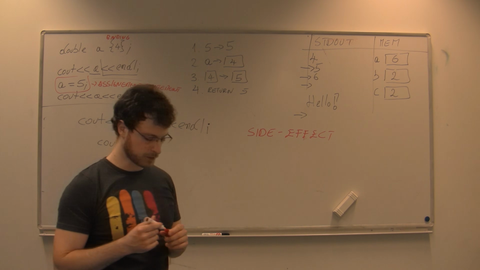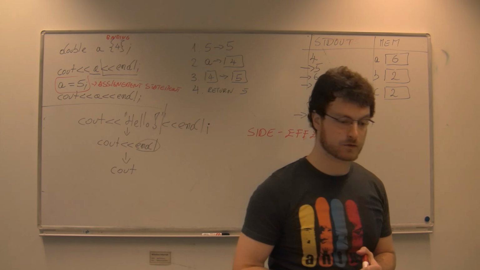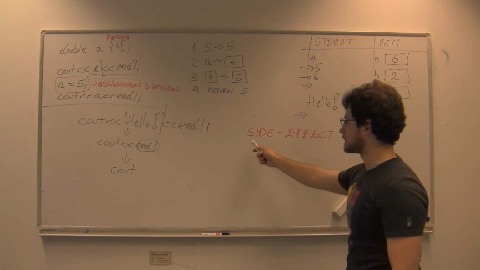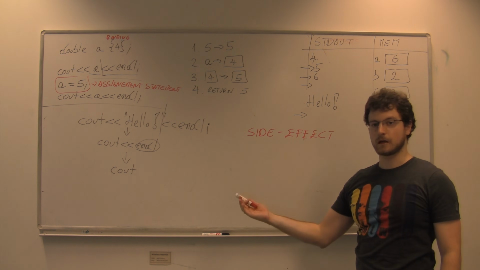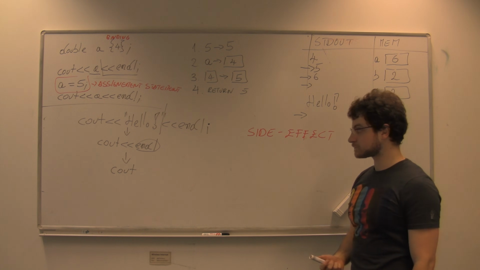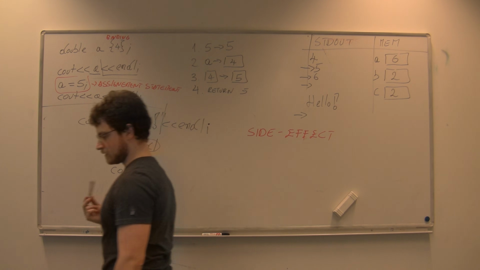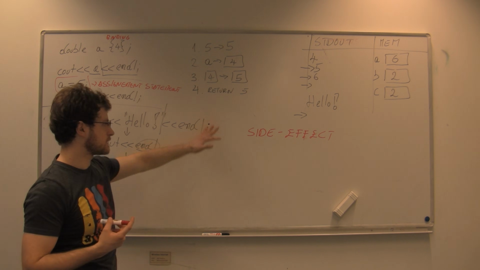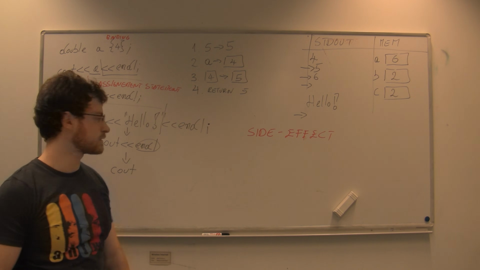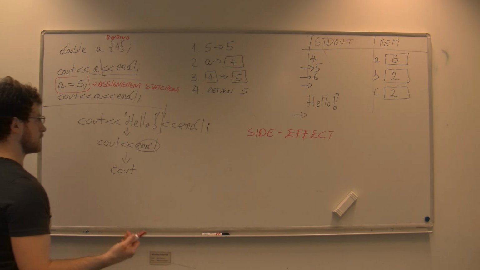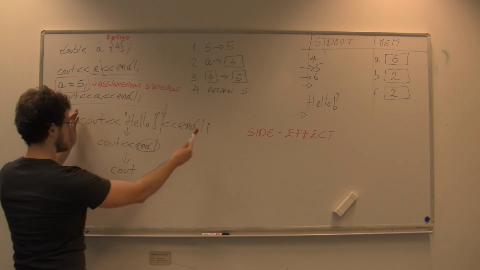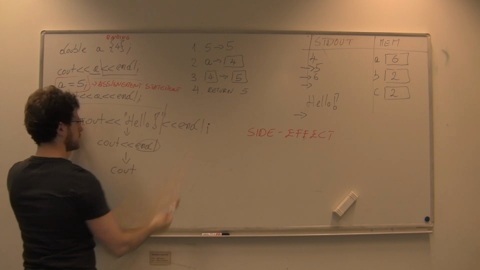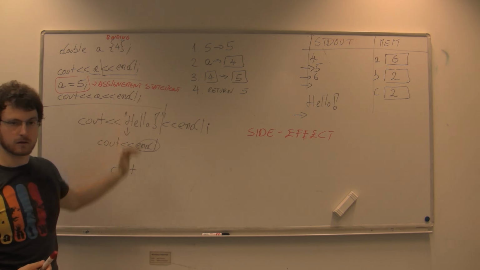So up till now, all expressions were only evaluating to values, but with the introduction of the assignment expression, we have the additional effect, or the side effect, that changes variables. And this is a crucial part of the language, and that's why these statements predominate C++ programs, because what statements actually say is that we're not really interested in the value of the expression preceding the semicolon, but rather the effect of this expression.